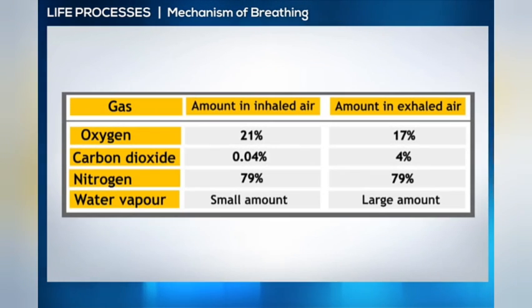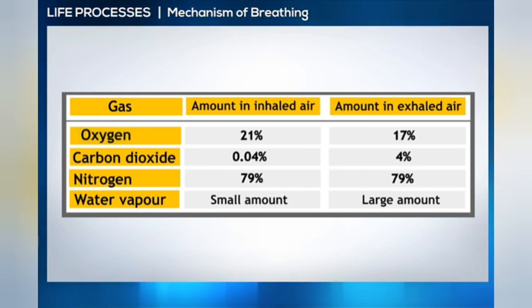The composition of the air that we inhale and exhale also varies. We often say that we breathe in oxygen and release out carbon dioxide. So, does the air have only two components? Is it practically possible for us to filter out and inhale only oxygen? No, right?